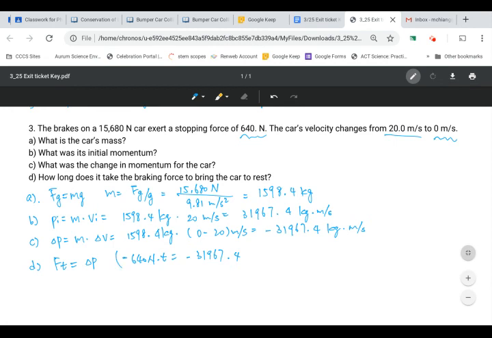Reason why is because, remember, our force, our momentum, impulse, and everything, velocity, they have direction, right? So they're vectors. Vectors have direction. If you go one direction, it's positive, and the other direction is negative. So if we say going forward is positive, okay? Going forward is positive. So the stopping force is pushing the car backwards. Okay? So the force is negative.